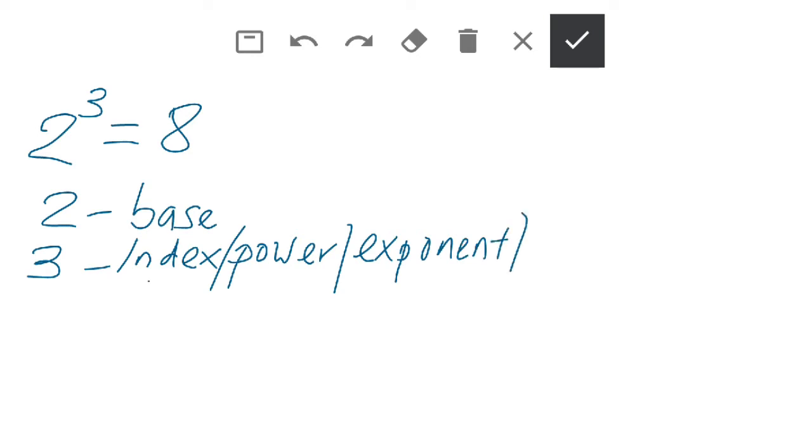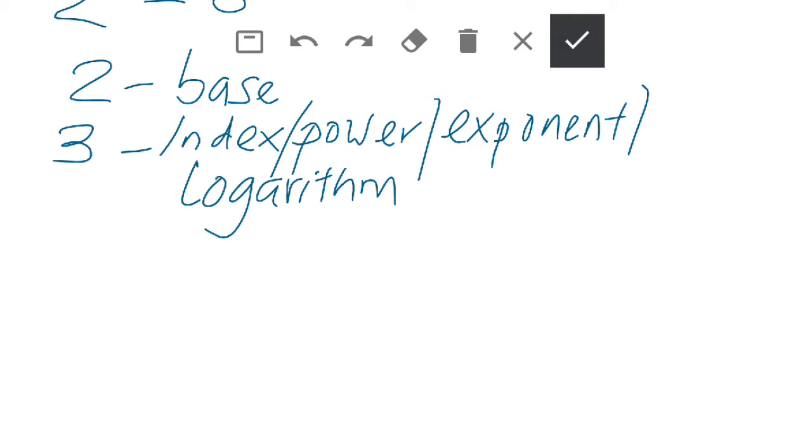And now we shall be calling it logarithm. So 3 can also be called the logarithm. And 8 is obviously the number.